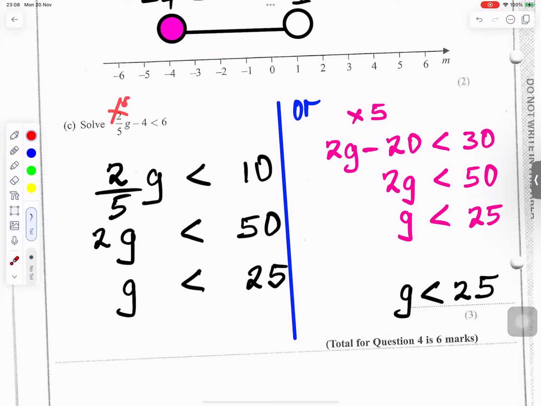So the 5 would disappear on the first one. So you get 2g minus 20 is less than 30. Add 20 on both sides. 30 plus 20 is 50. Divide by 2, 25. So g is less than 25.